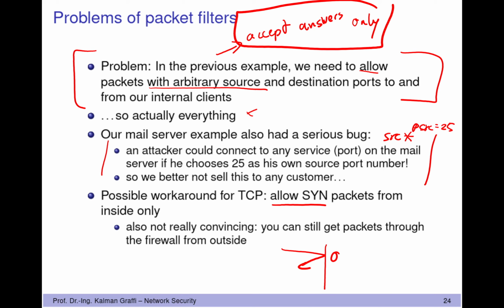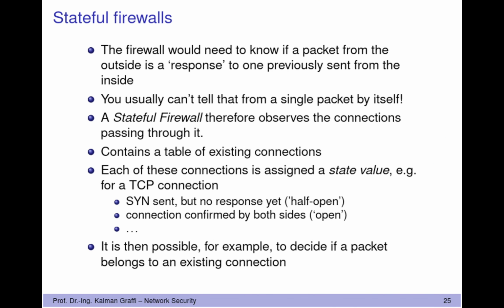It is an answer when previously we have sent messages to this node, and now we observe that from the same node that we contacted already, messages are coming back. And for this remembering, we need some kind of state. So a stateful firewall is systematically different from stateless firewalls.